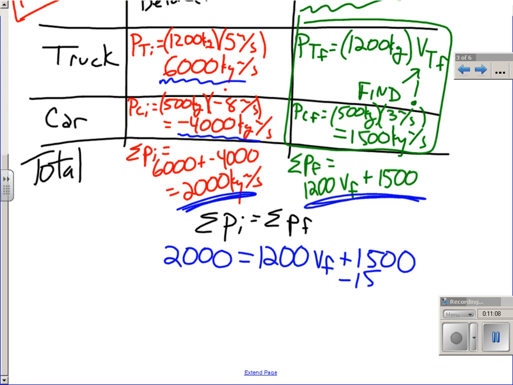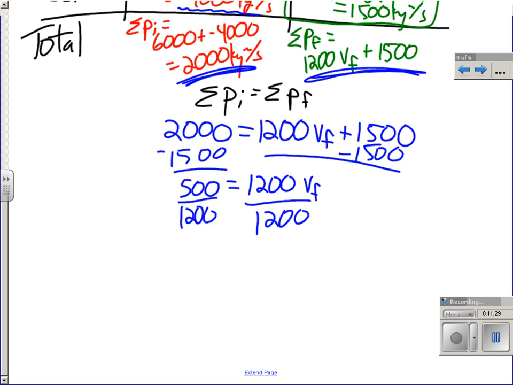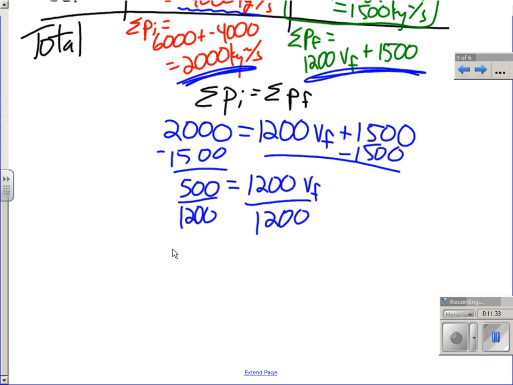We got to subtract 1,500 from both sides. And you get 500 equals 1,200 times VF. Divide both sides by 1,200. And we get a final velocity of our truck.